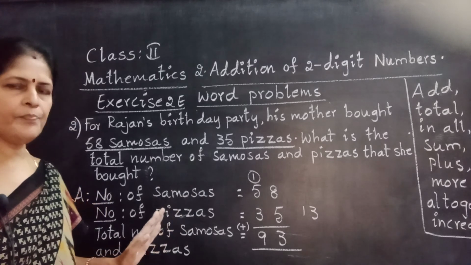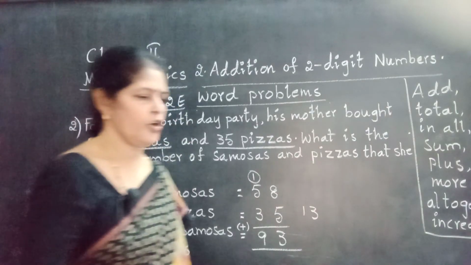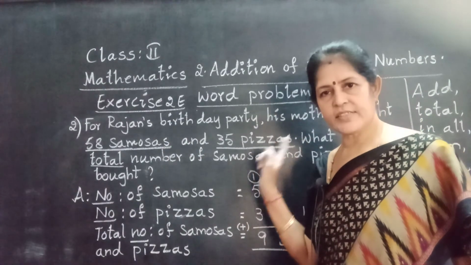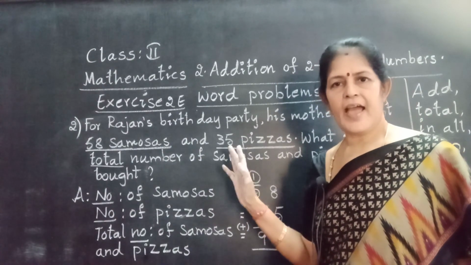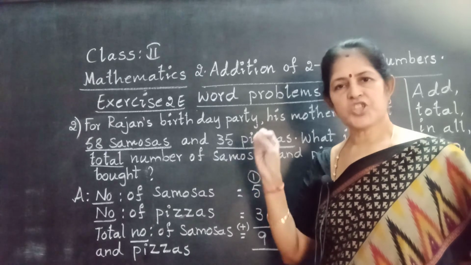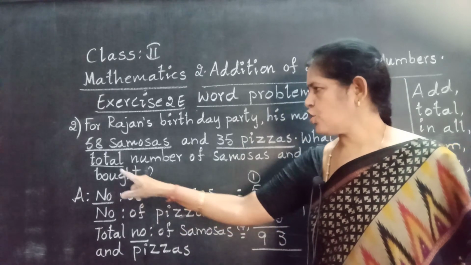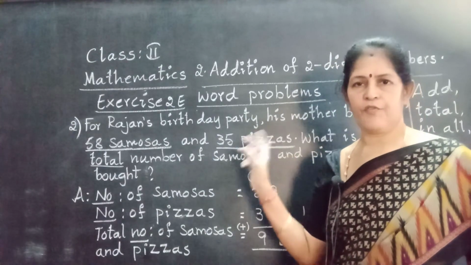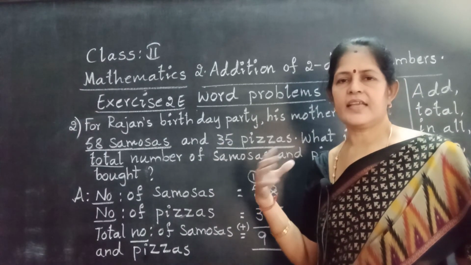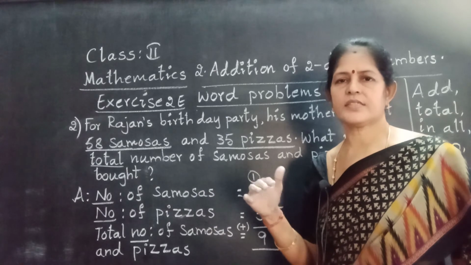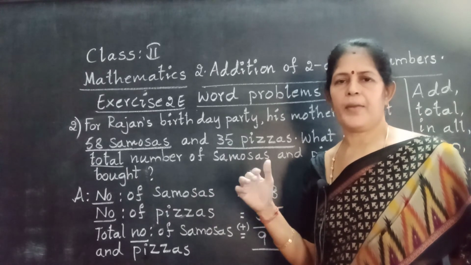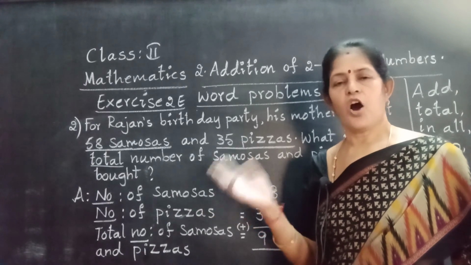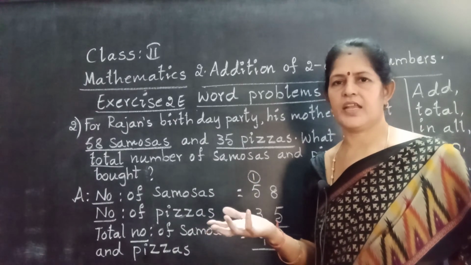Understood the problem? First of all, when we are going to write a word problem, first read the question 2 or 3 times. Then check whether an addition word is there or not. This is an addition word. Underline. Next, what are the items given in the question? That may be anything: books or pencils or pens or food items or fruits or vegetables or different types of trees.